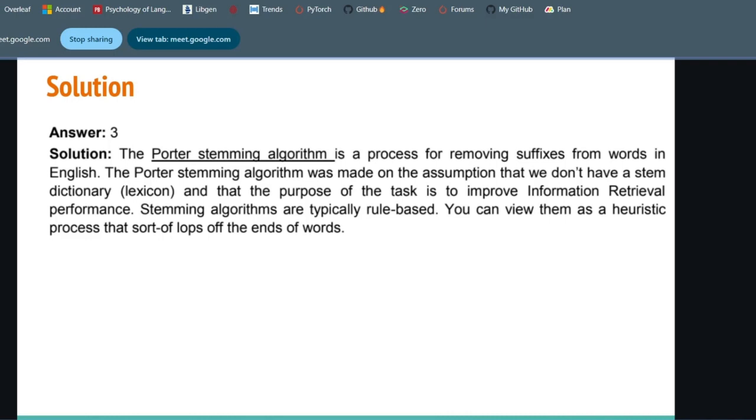So maybe given a passage, you want to find out what the main keywords or the main content are. Information retrieval is in itself a huge part of natural language processing, where entire research work is going on. I won't be able to explain it in a few lines, but from a high level, it is as I explained.